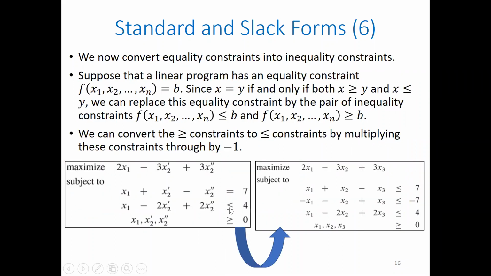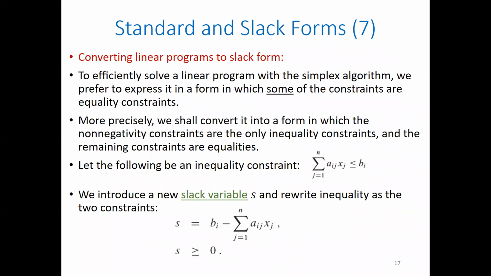All the constraints are of this form, so they are less than or equal to in the standard form. We have all the constraints except the last one in this form. Now we want to convert this into a form where we have an equality sign. We know that the b_i, the right-hand side, is greater than or equal to the left-hand side. That's what we saw in the standard form. So now we move the left-hand side to the right-hand side, and we define their difference to be some slack variable s.